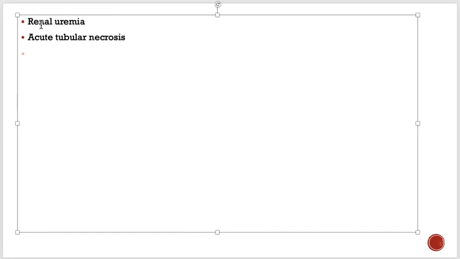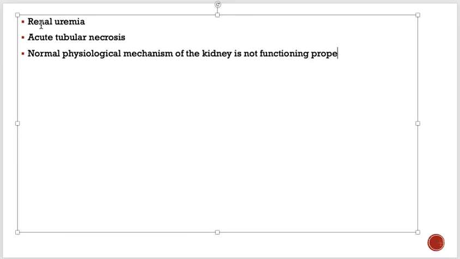The normal physiological mechanism of the kidney is lost, or is not functioning properly. The important thing here is that the kidneys cannot retain sodium, so the urinary sodium will be higher. So that's how we can differentiate whether it's pre-renal or renal.